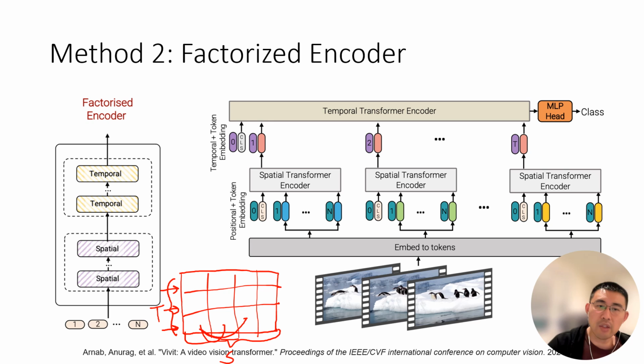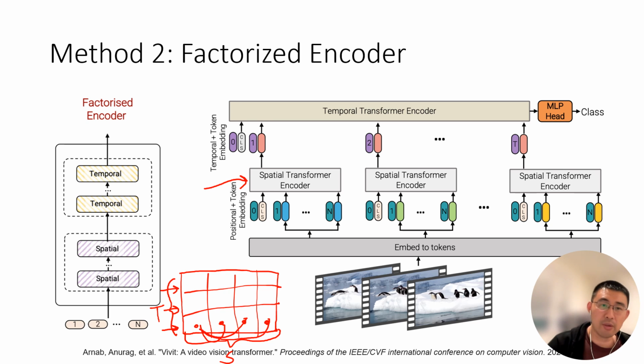I'm only going to look at attention across all the neighboring tubelets or neighboring patch embeddings at the same time as me. So this first encoder only deals with the spatial information. And after that, I'm going to have some new tokens with enriched contextualized information.